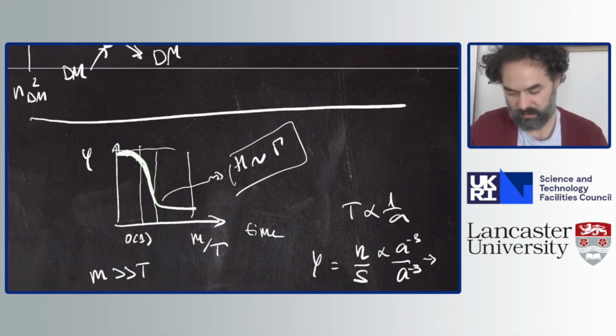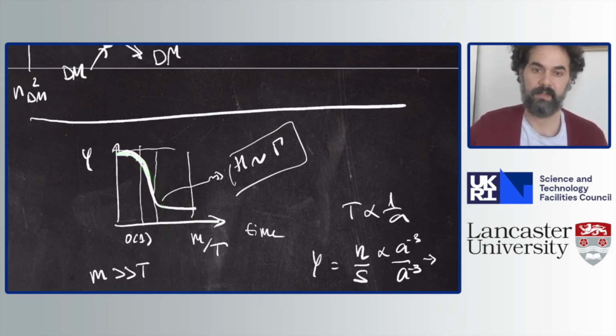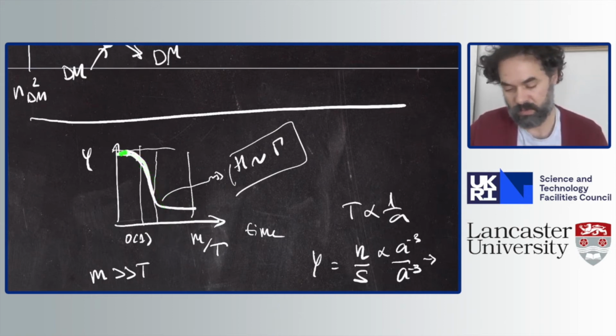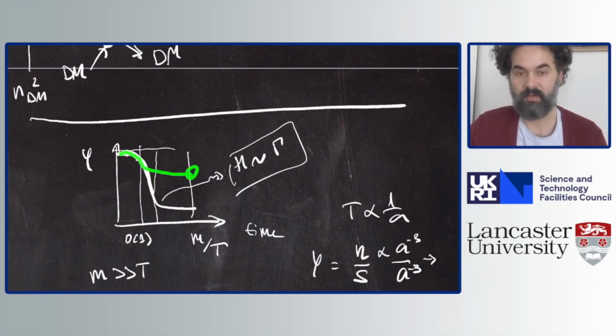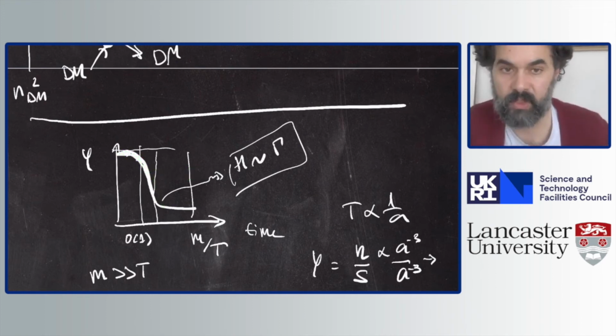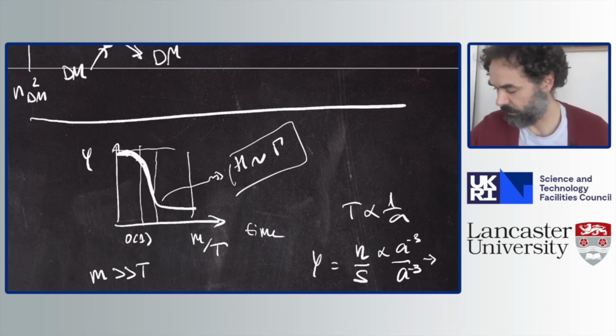So this is some species that has been in equilibrium for so long that it has disappeared almost completely. If you lose equilibrium very fast, then your final yield is bigger, so the final number of particles per unit volume is larger.